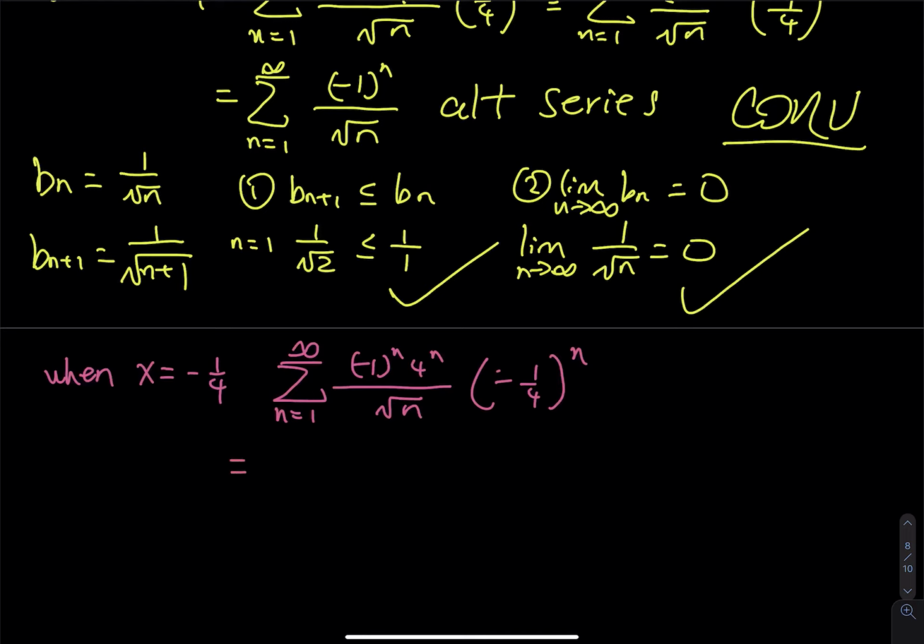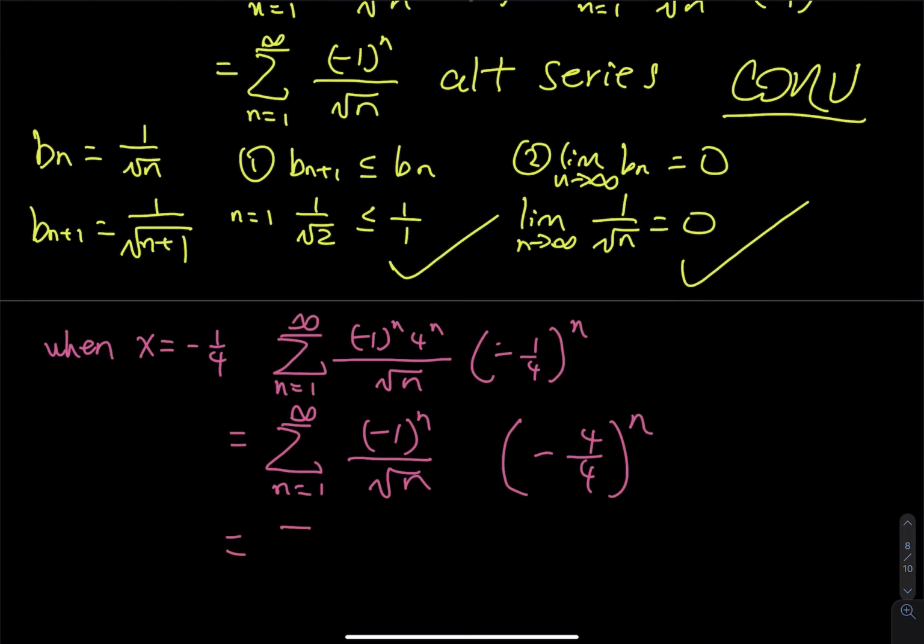So we play a little trick using the law of exponents. Negative 1 raised to the n divided by root n. And then here is how we play. 4 divided by 4 raised to the n. And then what do we get? This one gives me a square root n, equal to 1 times this, negative 1 to the n divided by root n. This is also a negative 1 to the n. So basically the two negative 1 to the n got cancelled.